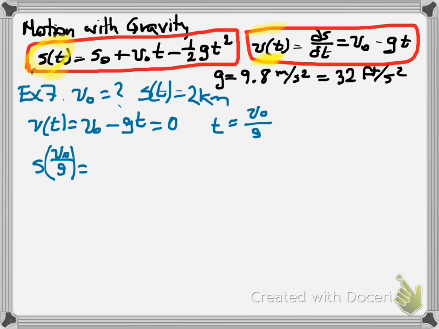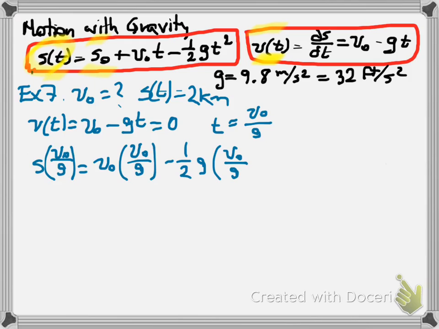Remember the formula of the position. The position is 0 because it's starting from the ground. So my initial velocity times the time, which in this case is the initial velocity over the gravity, minus 1/2 the gravity times the time squared.